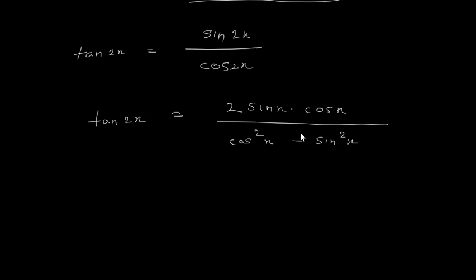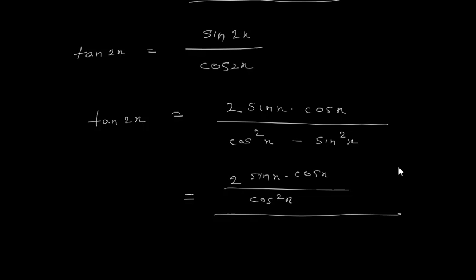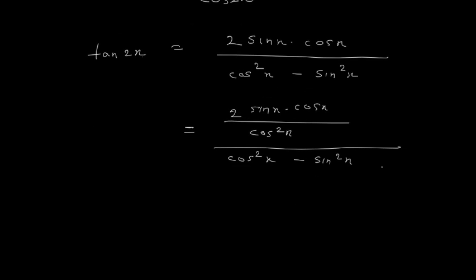For getting the expression in terms of tan only, what do we do? We divide the numerator and denominator by cos square x.